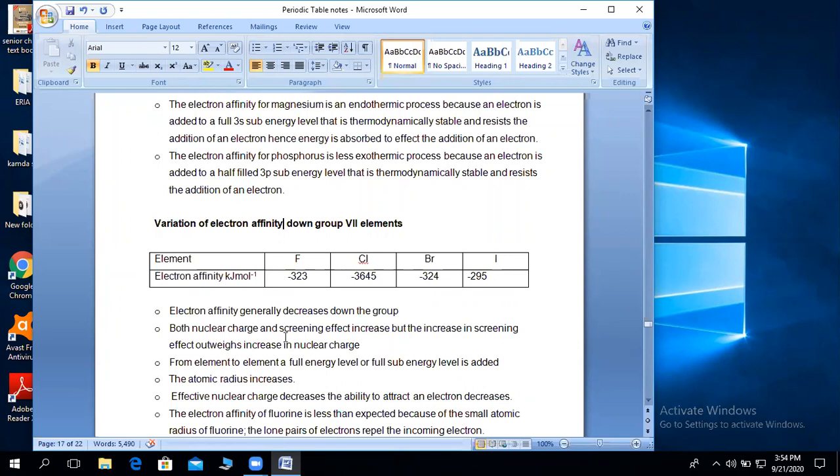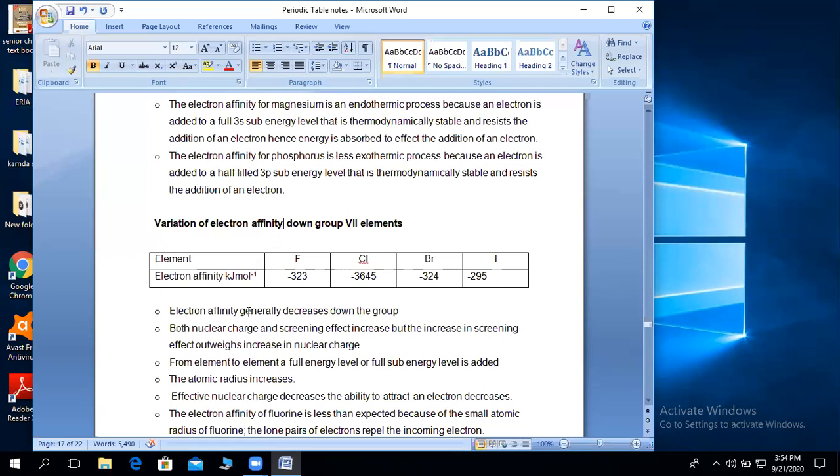Both nuclear charge and screening effect increase down the group, but the increase in screening effect outweighs the increase in nuclear charge. So in other words, the effective nuclear charge here decreases. Why does screening effect outweigh nuclear charge in this case?